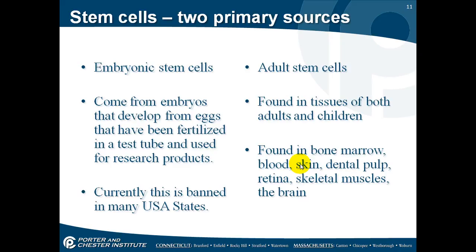This is currently banned in many states of the United States. The other source would be adult stem cells. These types of stem cells are found in the tissues of both adults and children, and they're primarily found in bone marrow, blood, skin, dental pulp, retina, skeletal muscles, and the brain.